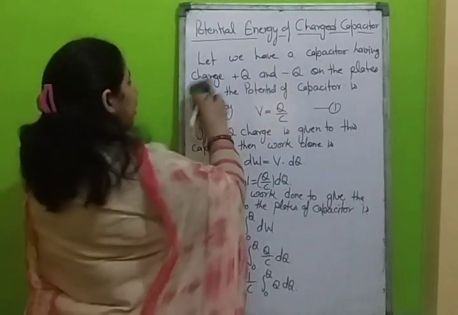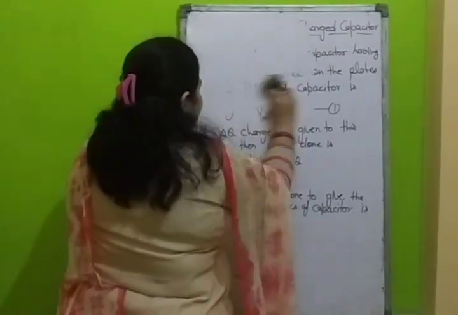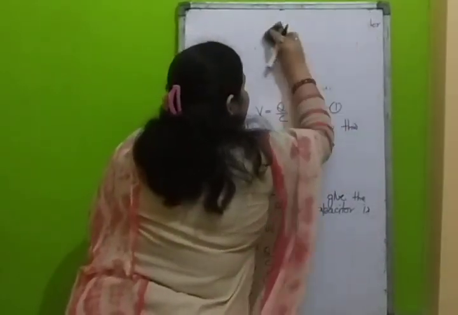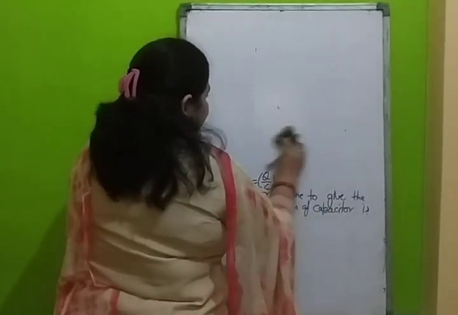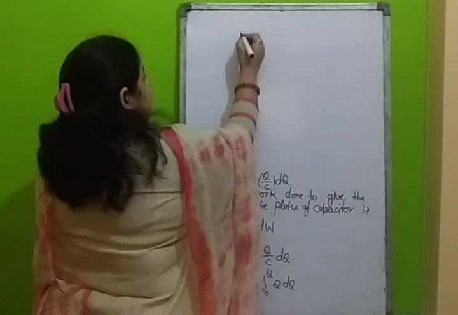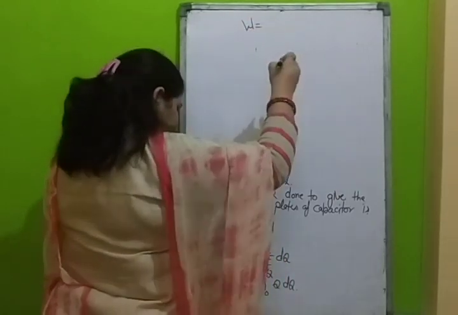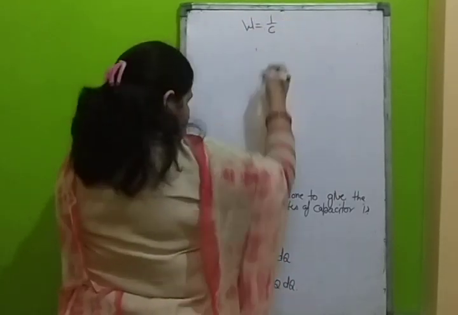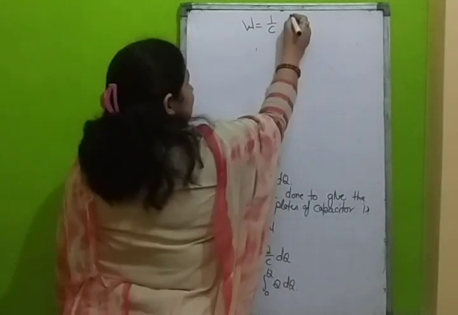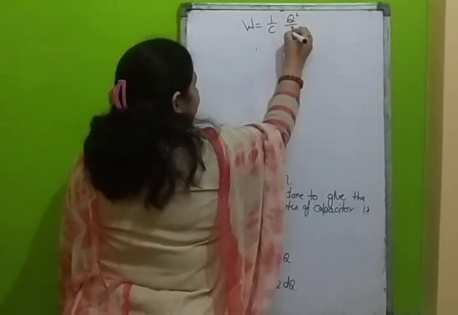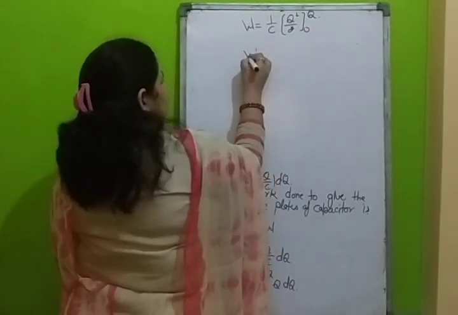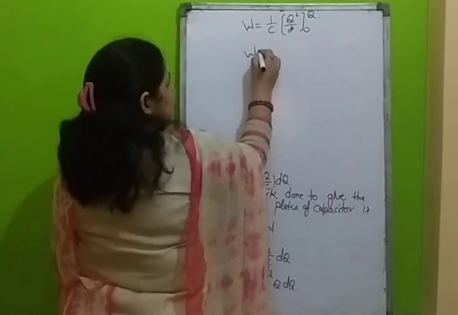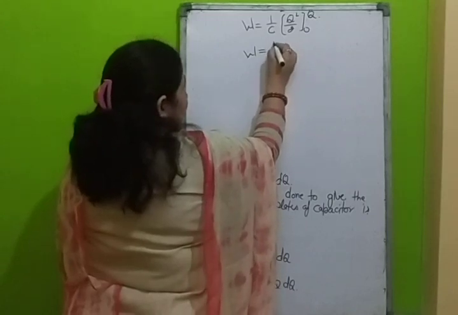What do we have after integrating? W is equal to 1 upon C, and the integration of Q is Q square upon 2, with limits 0 to Q. First we have to write the upper limit, then minus the lower limit. The lower limit is 0.